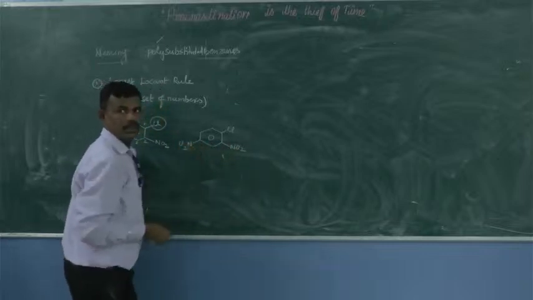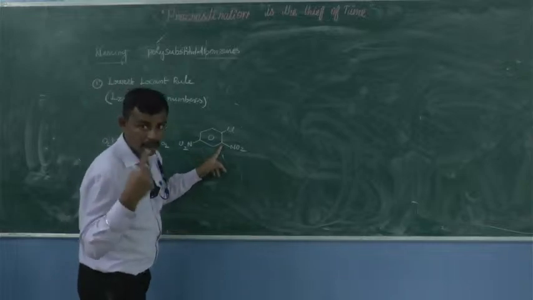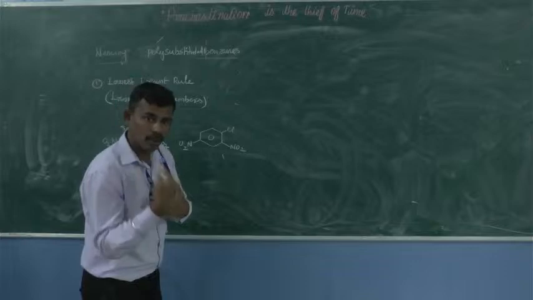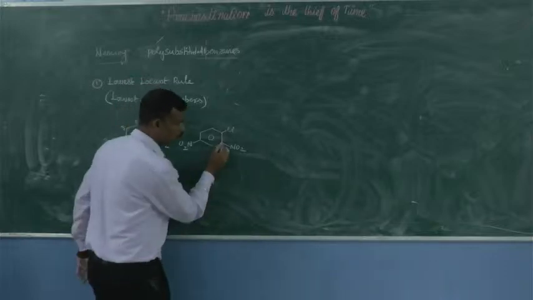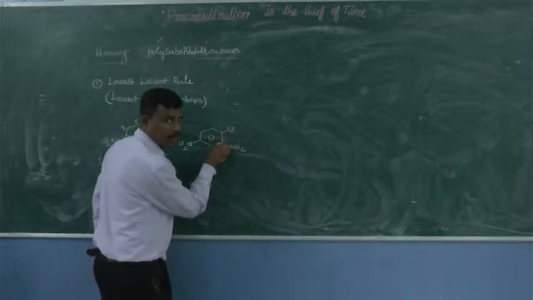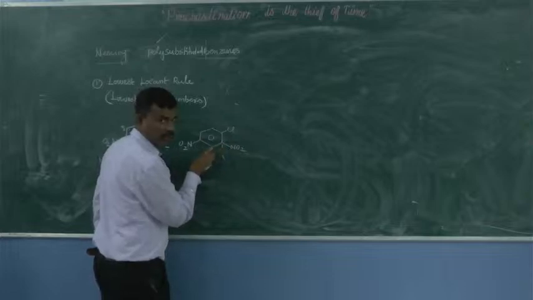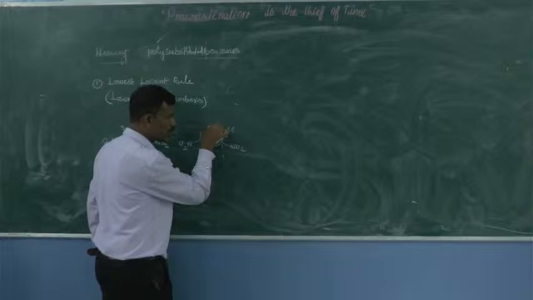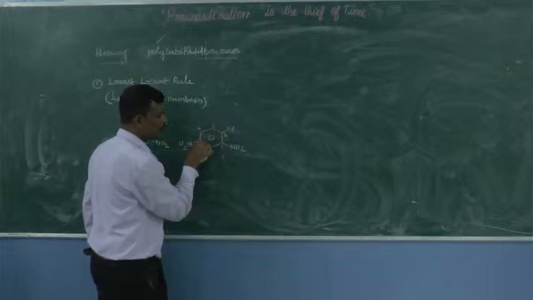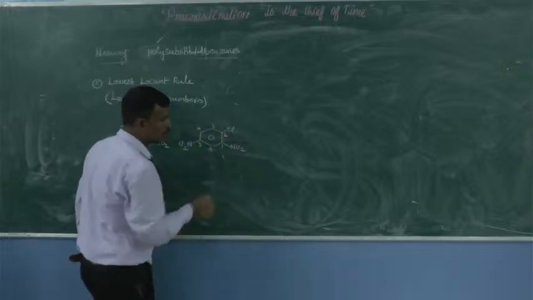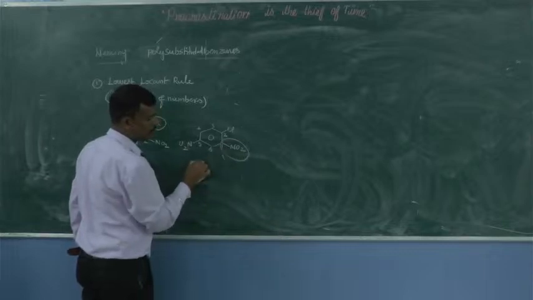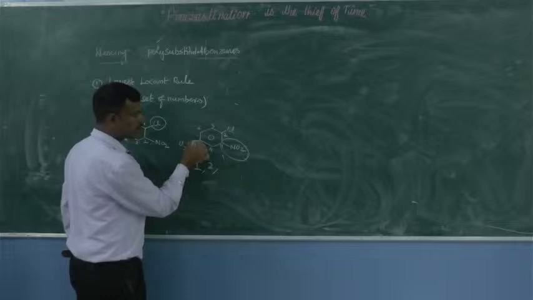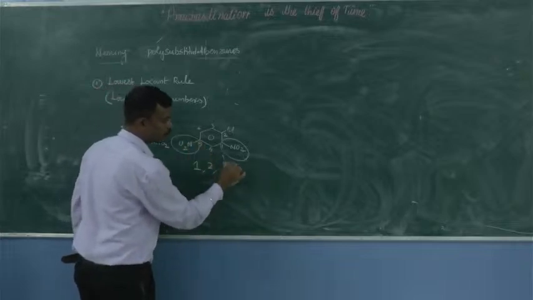Now we have to do trial and error. You have to go for the lowest possible. Suppose we start 1 here. There is no substituent at 2 here, but going this way there is a substituent at 2. Then this is 3, 4, 5, 6. So at 1 there is a substituent, next at 2, next substituent here at 5.